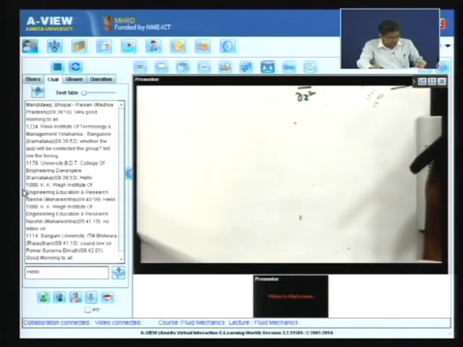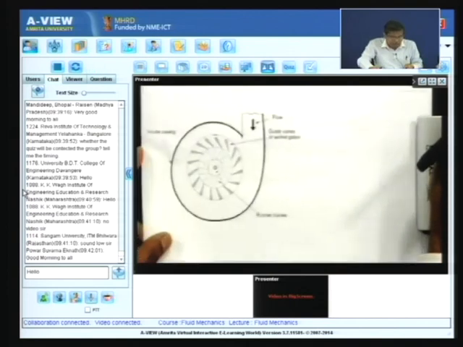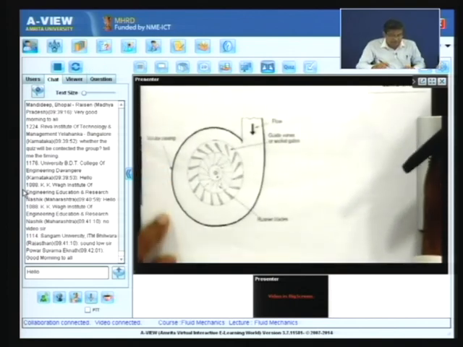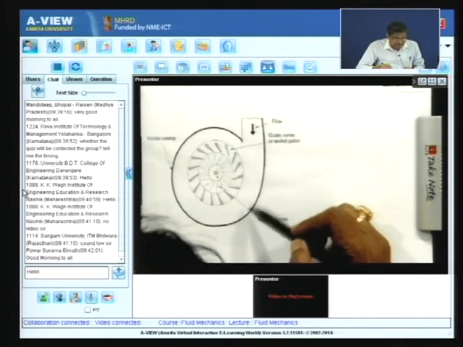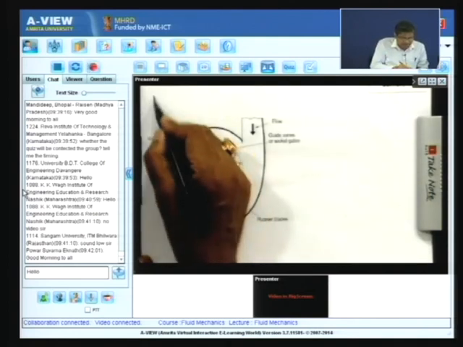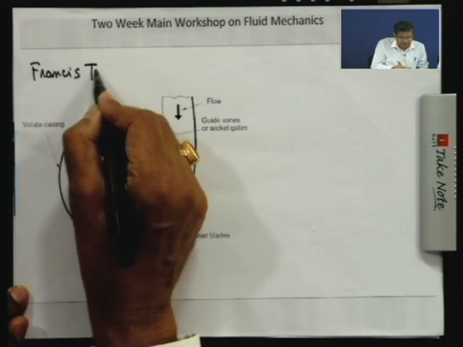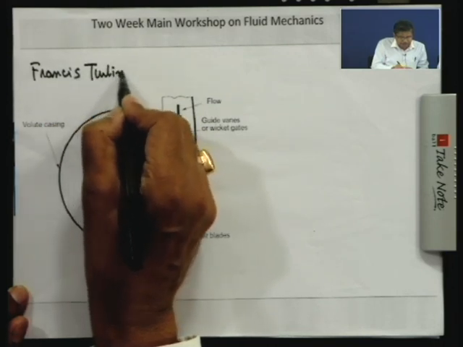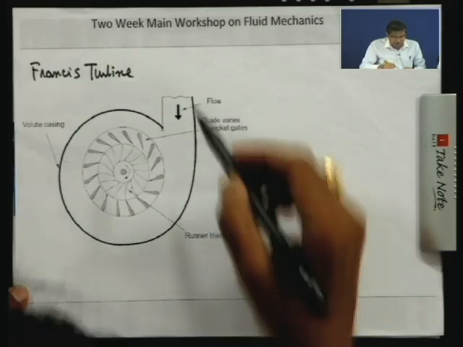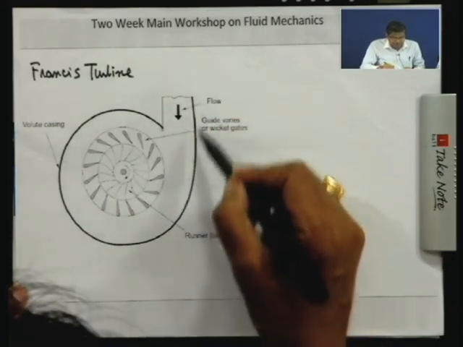Now, you see, this is a radial flow reaction turbine. This is the Francis turbine, a typical radial flow reaction turbine. Now, you see the water approaches this turbine.